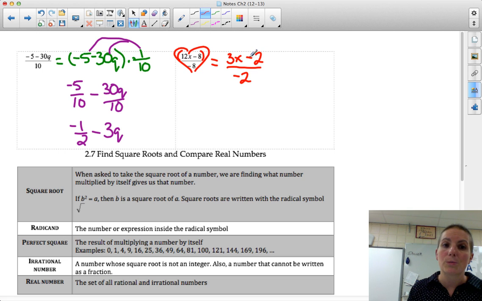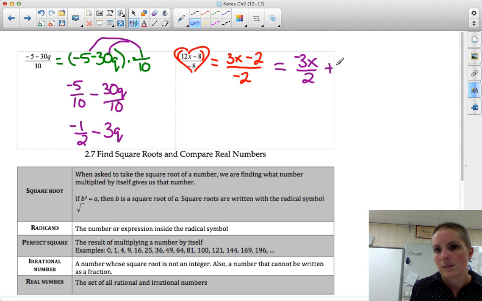And it's going to look a little bit different than if you had done it with this other method. If you had used the division rule, your answer is going to be exactly the same. It just looks a little bit different. You would have negative 3x over 2 plus 1.